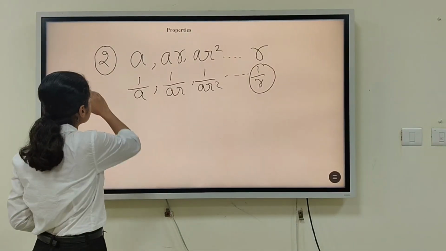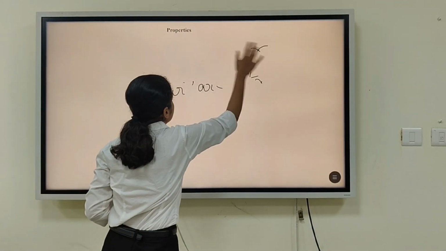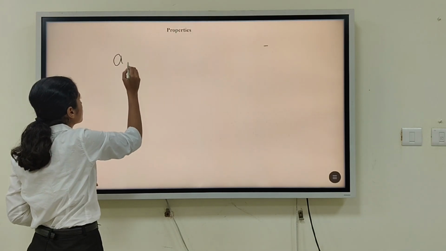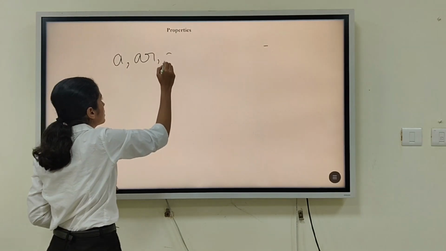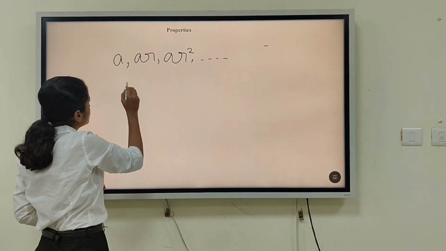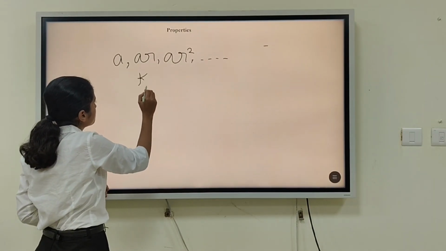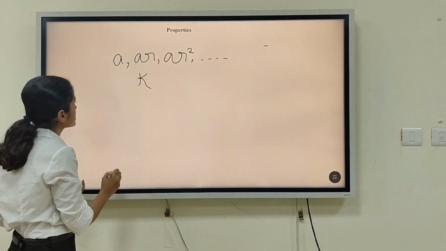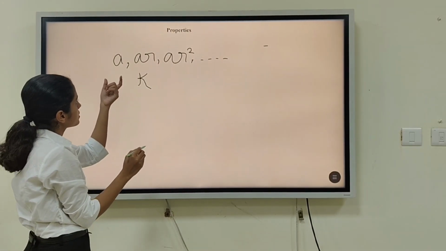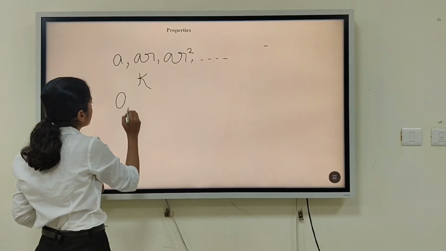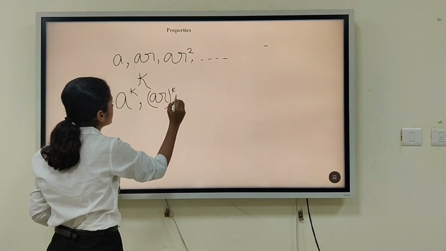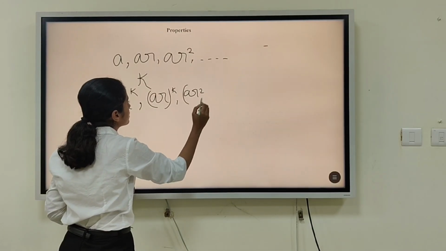Now we will see the third property of geometric progression. Let's suppose you have a sequence which is in GP, which looks like this, and you are raising the kth power in each term of the sequence: a to the power k, ar to the power k, ar square to the power k.